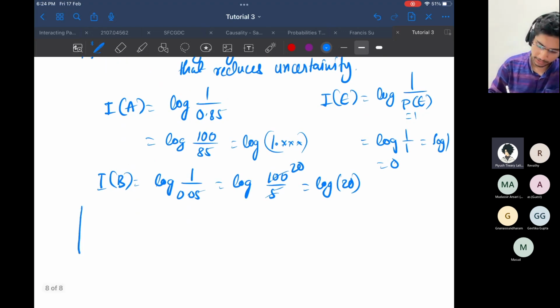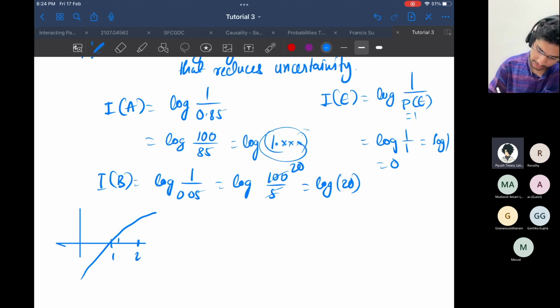I hope you remember the graph that we plotted earlier. So this was your curve, this was one, and this was your log. This thing is somewhere between one and two here. Let me use some other color. It was something like here. So this is what I of A was.